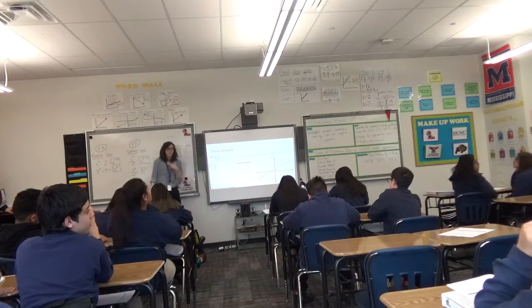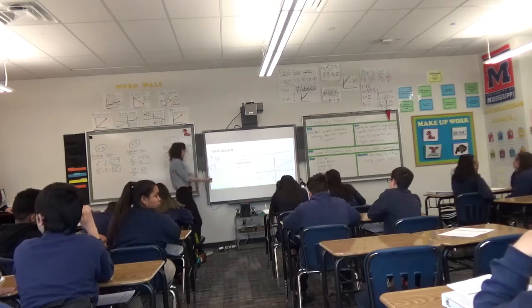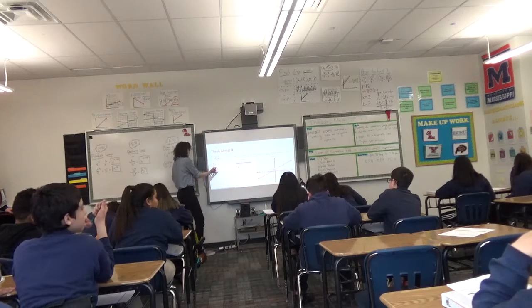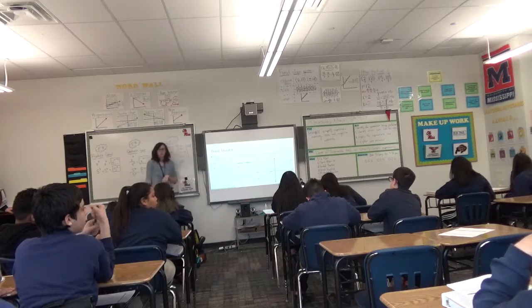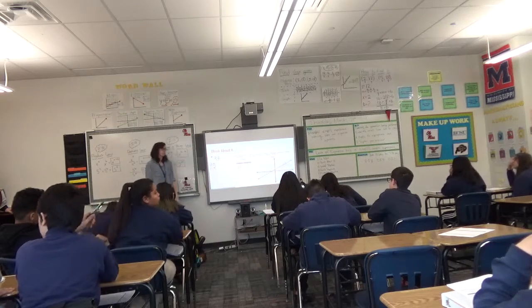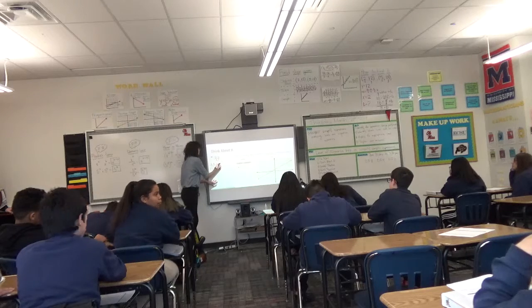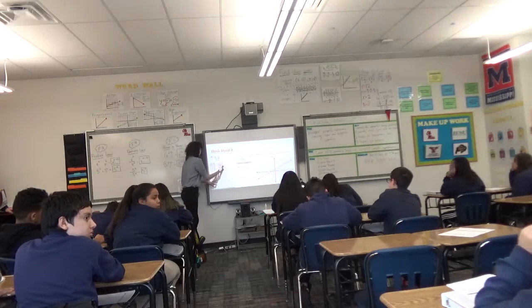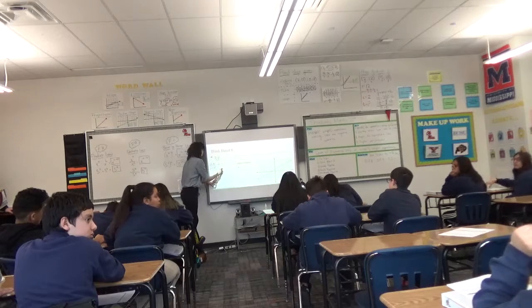Something that helps me keep these together is to label them. I'm going to use this as y2, this one as y1, x2, and x1. When I plug those in, m equals 4 minus 1 over 0 minus 1.